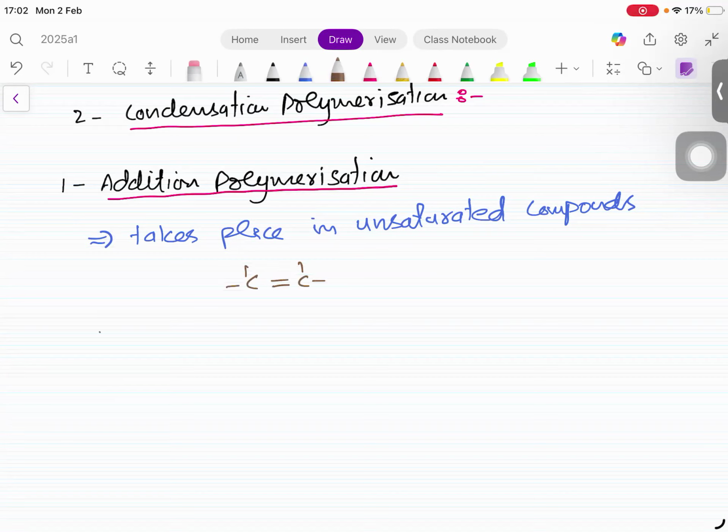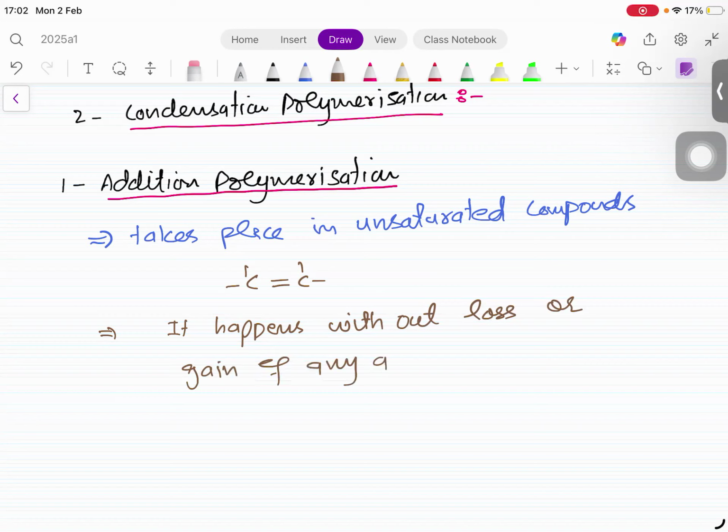So it takes place without loss or gain of any atom. Now let me explain what I'm trying to say.